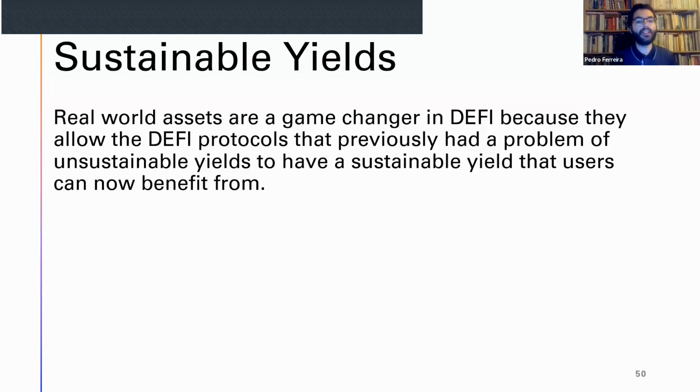With real-world assets, you have the certainty of at least sustainable yields, because you can go to the real-world assets and take them in case someone does not pay. That means you can build an infrastructure of sustainable yields, and you know it will continue over time.